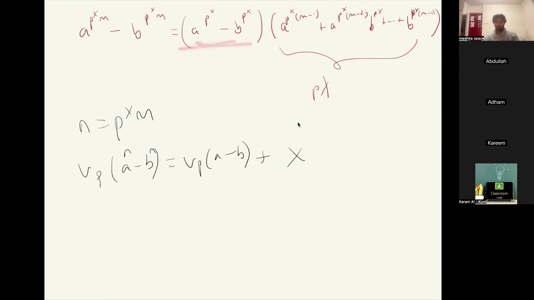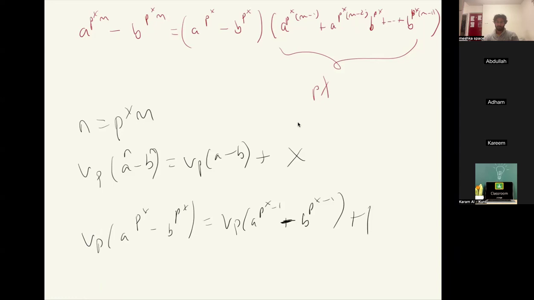So now you just have to understand this one. But this is repeated application of lemma 2, right? Because we know vp of a to the p to the x minus b to the p to the x is equal to vp of a to the p to the x minus 1 minus b to the p to the x minus 1, plus 1. And we just repeat.